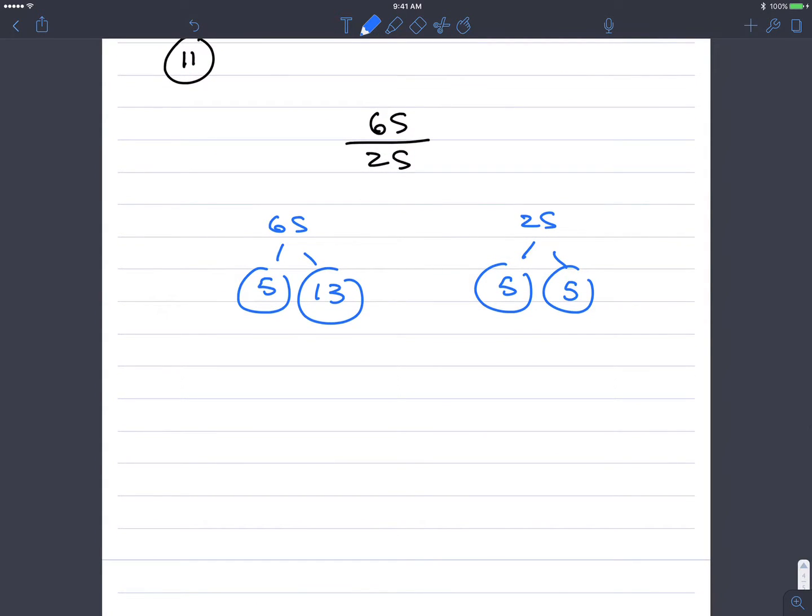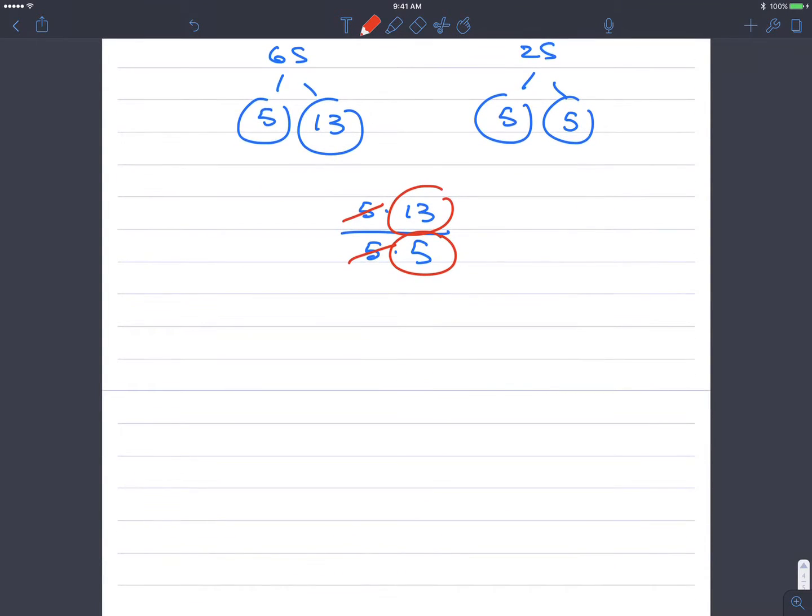So 65 we write as 5 times 13. 25 we write as 5 times 5. Cancel my 5's. We have a 13 left and a 5 left. Final answer is 13/5.